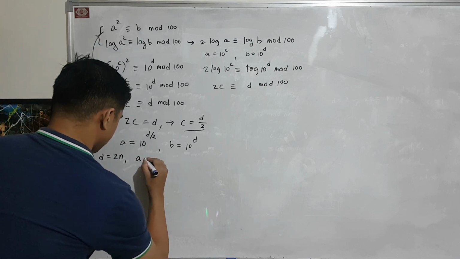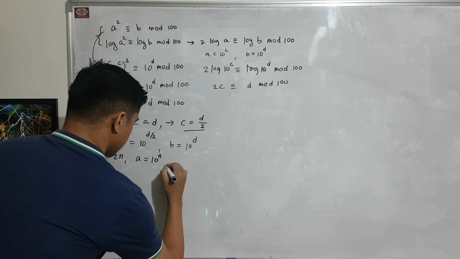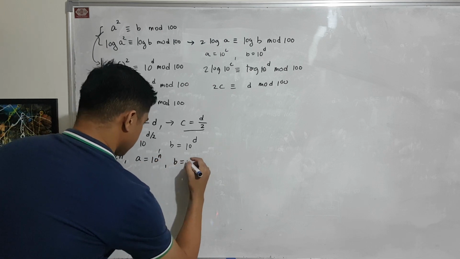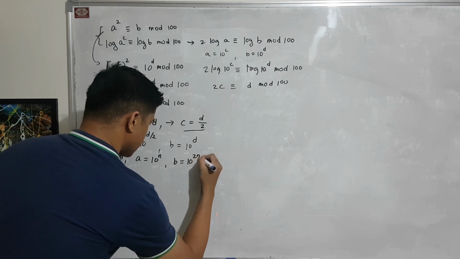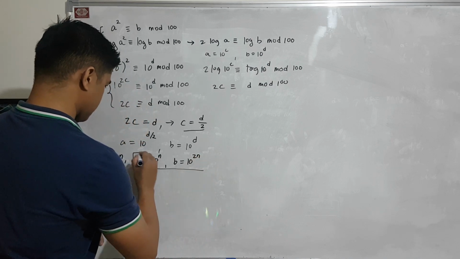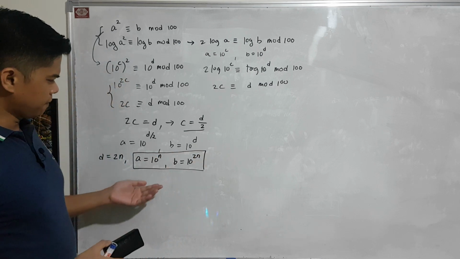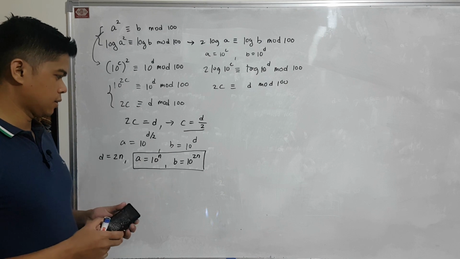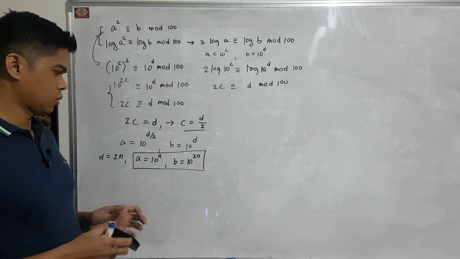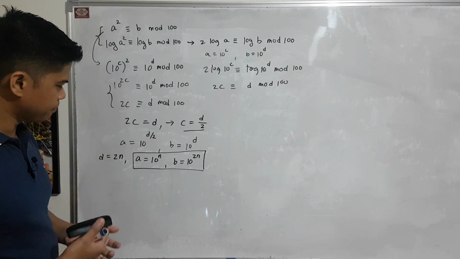So that means a equals 10 to the n, and b equals 10 to the 2n. This is one of our solutions. We can pick any n, like 2 or 3, and it will satisfy the original system.